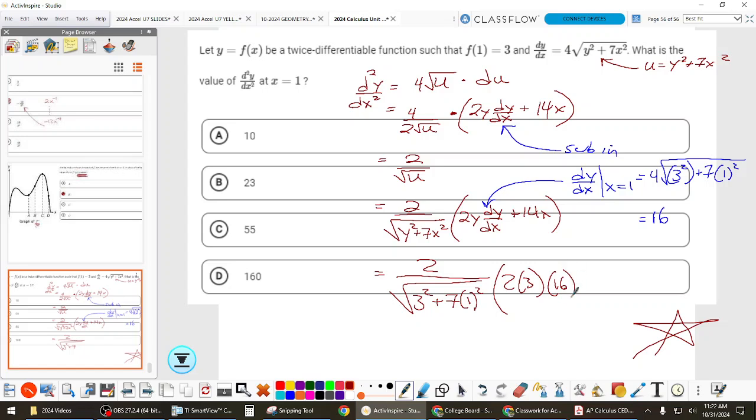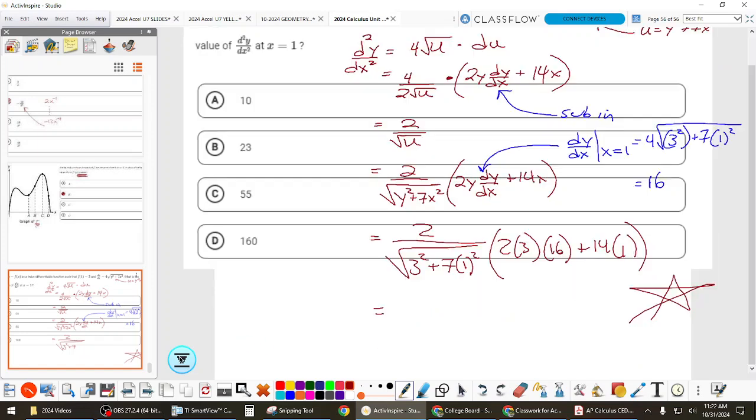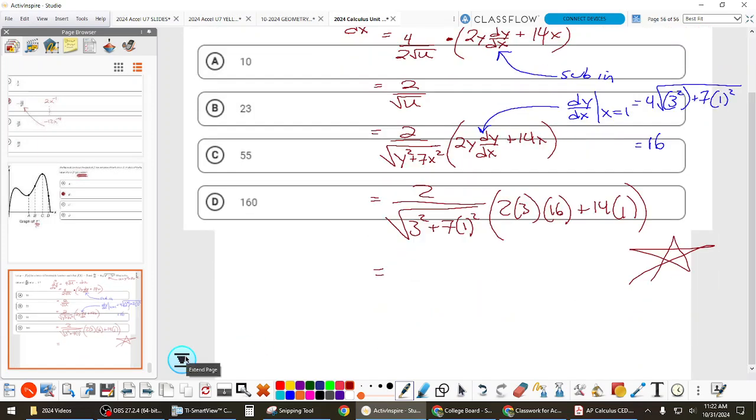Minus 16 plus 14 times 1. Okay. I'm hoping that this isn't what you did and got 94 for a reason. Is it? That's exactly what's happening. Uh-oh. So this is 2 over 4, and then 6 times 16 is 96.